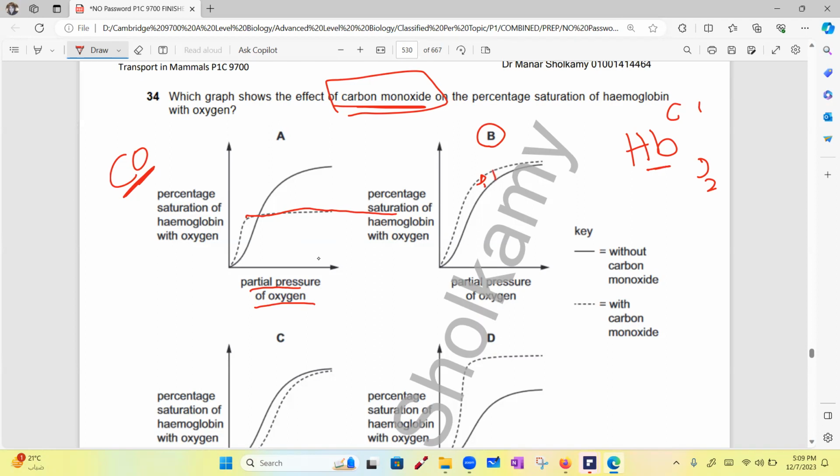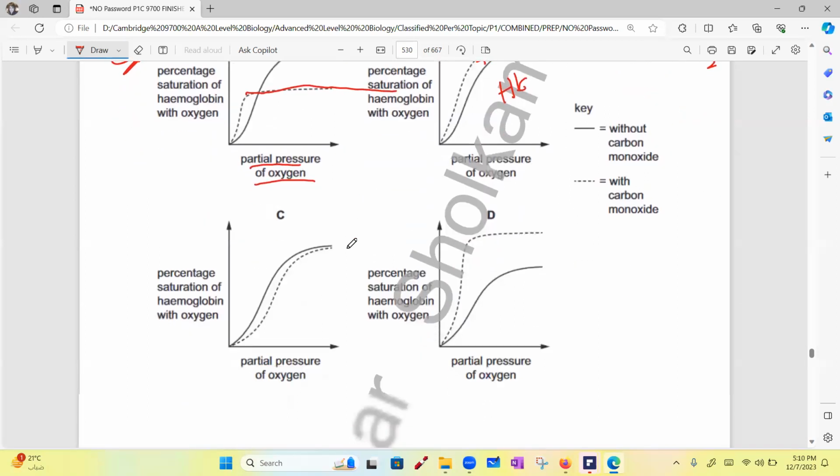When the graph moves up like this, does it mean that the affinity of hemoglobin, Farouk, increased or decreased? Increased. And we have carbon monoxide, so the affinity will not increase. So B is definitely wrong. B happens when you are exposed to more oxygen, not less.